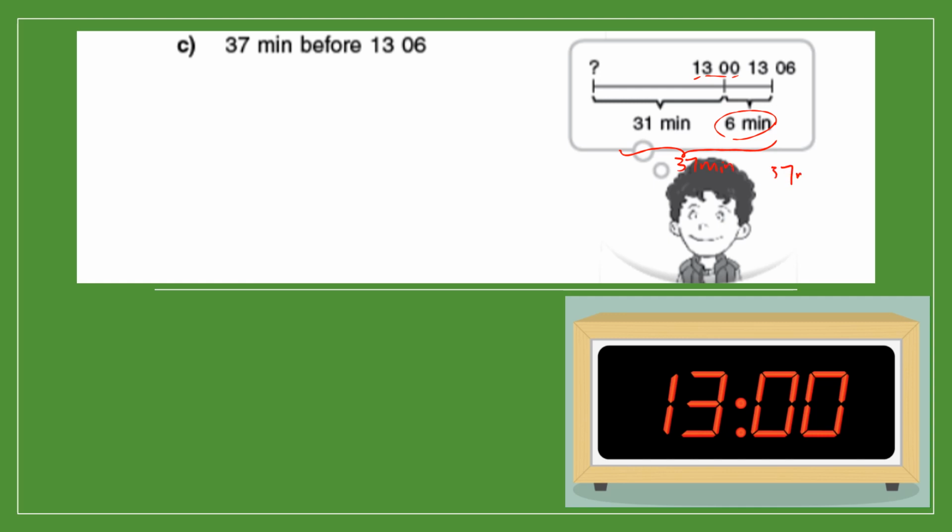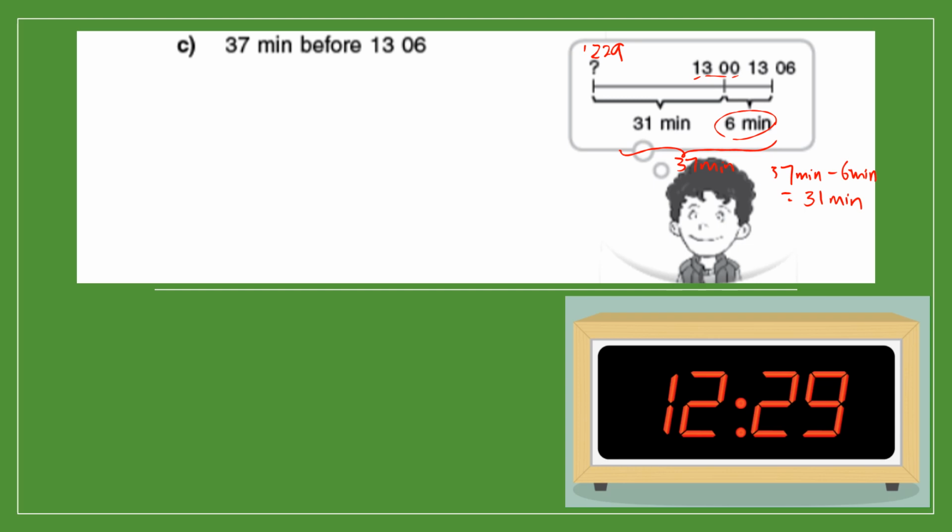If I move back 30 minutes, it's actually 12:30, and 1 minute earlier it's 12:29. So 37 minutes before 13:06 is 12:29.